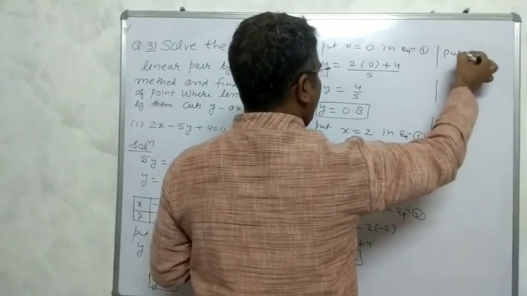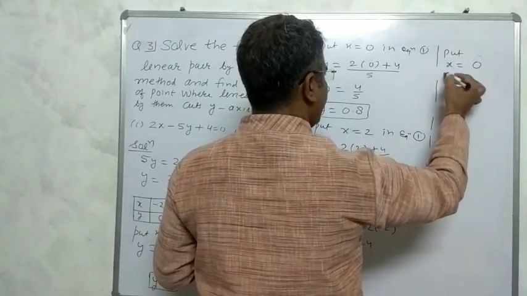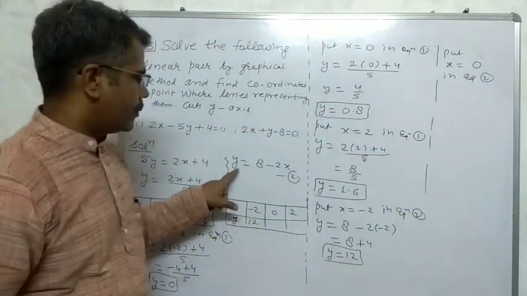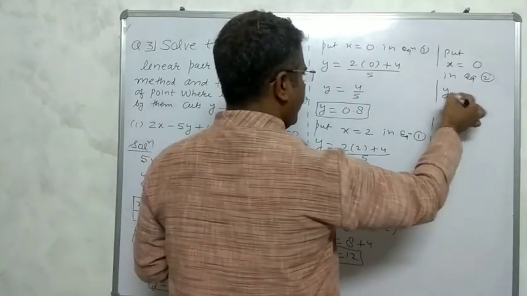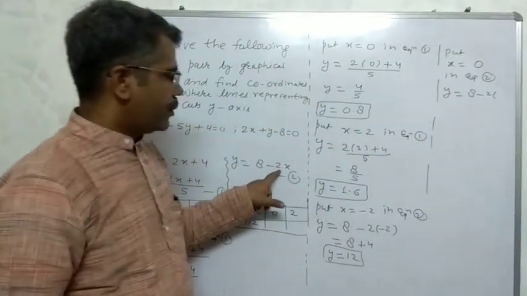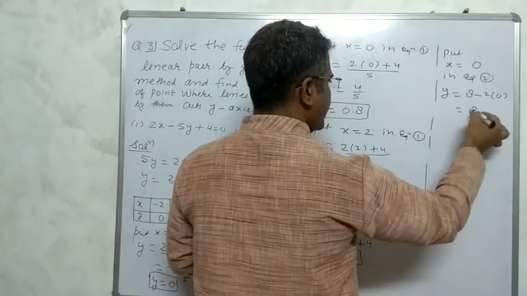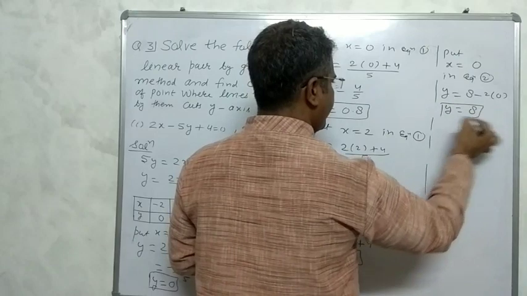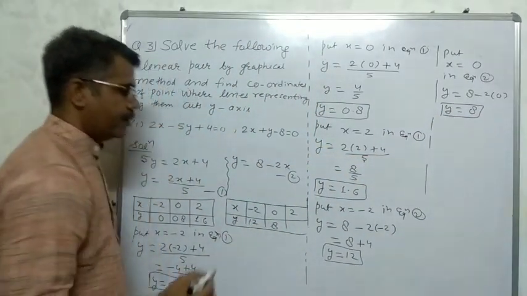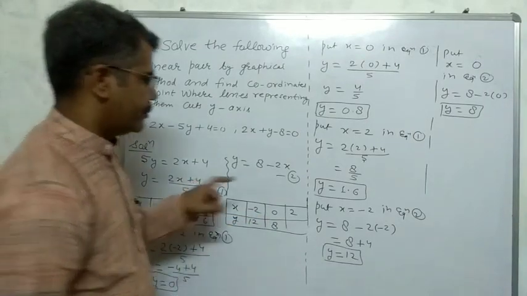Put x equals to 0 in equation second, we have 8 minus 2 times 0, that is 8. We write 8 here. When x equals to 0, then y equals to 8.